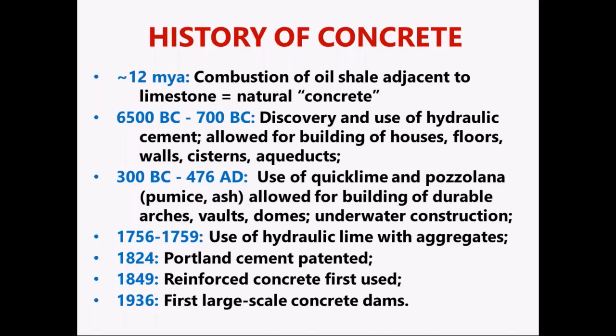Progressing through time toward present day, starting at around 6500 BC, and going through almost 400 or 500 AD, humans not only discovered hydraulic cement and started to use it, but started to use it for more and more complex projects and things.